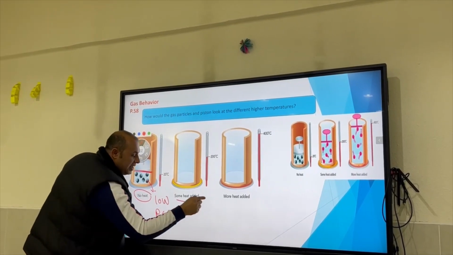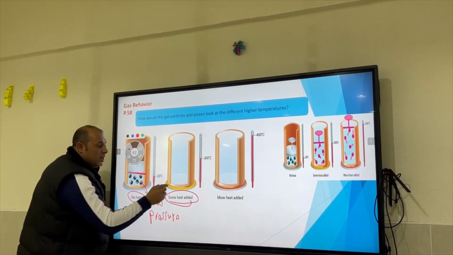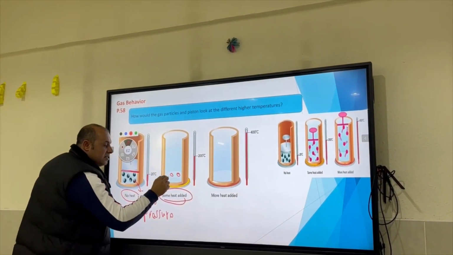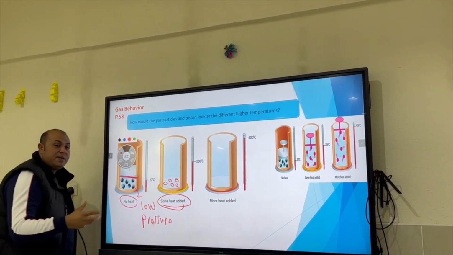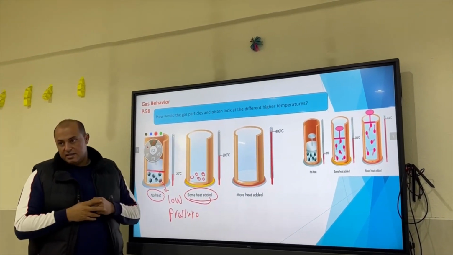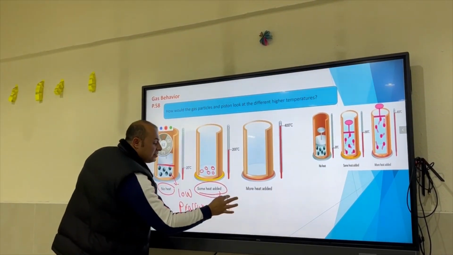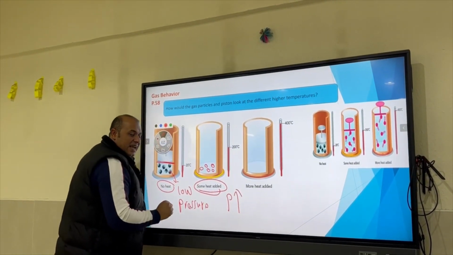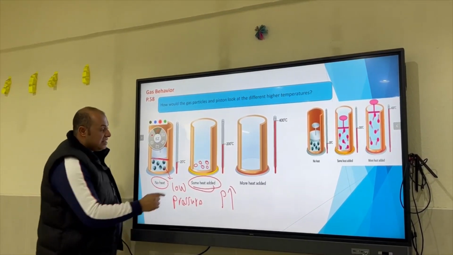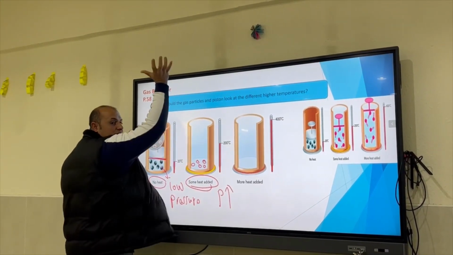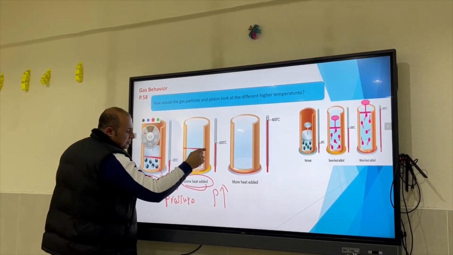When you add some heat, what about the particles of gas? Their speed increases, so the pressure increases. And when the pressure increases, the pressure of the gas will push the piston up.